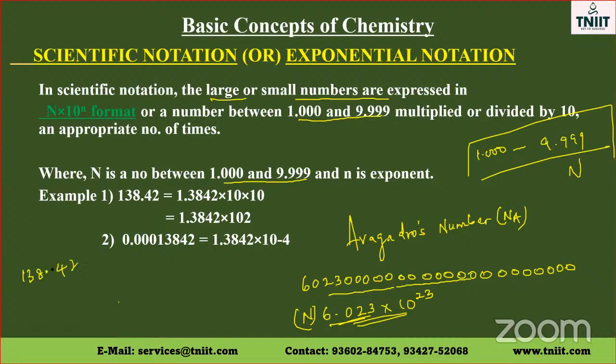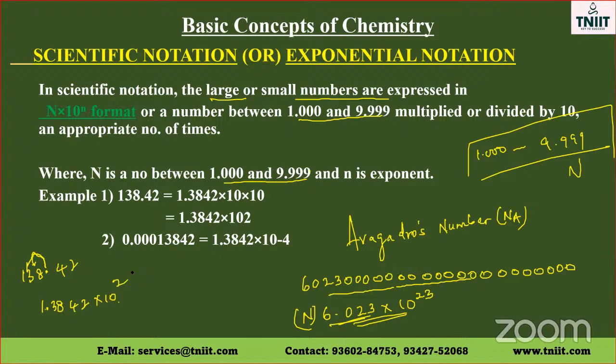The N value should be between 1 and 9.999. Therefore, we shift the decimal point towards the left, 2 places. So it will be 1.3842. Since we are shifting the decimal point to the left, the exponent will be positive. Since we are shifting it 2 times, it will be 10 to the power 2.